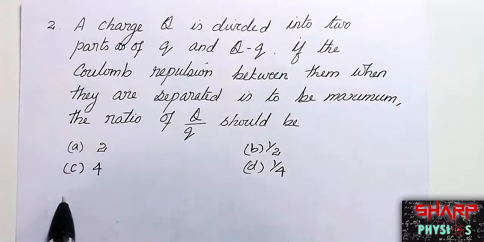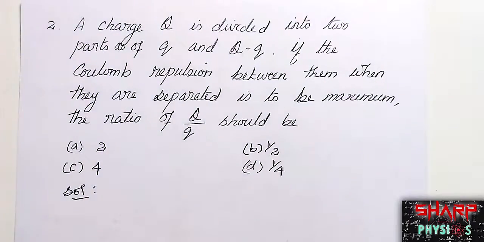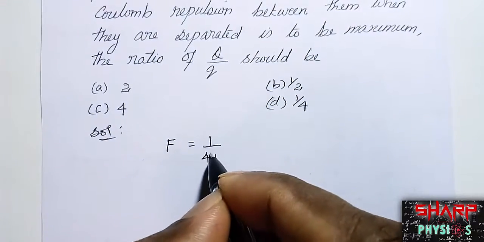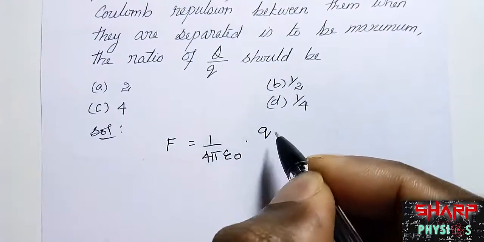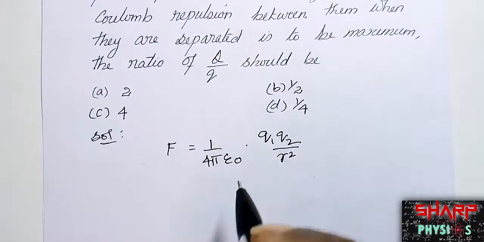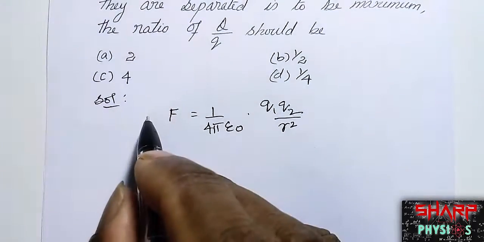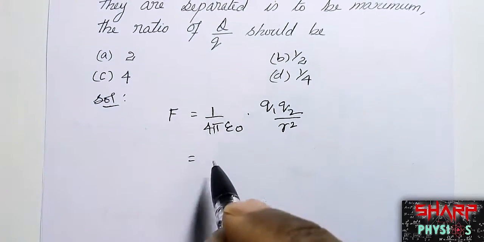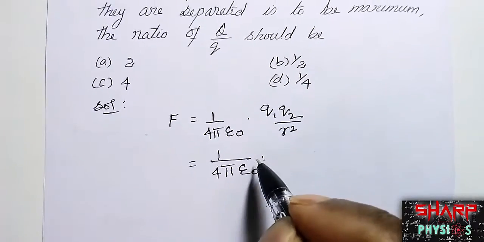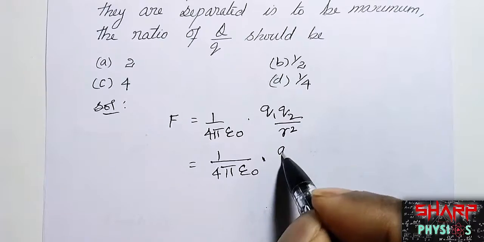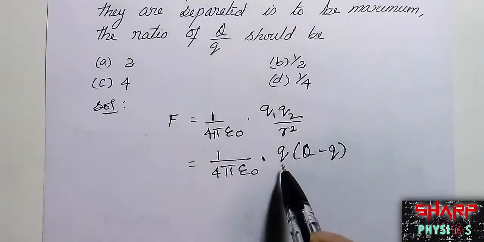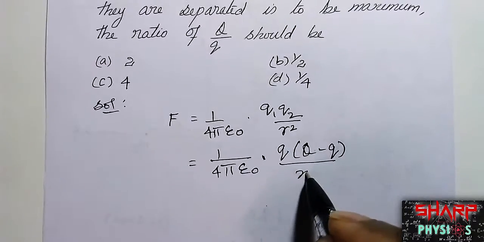The first formula for us is F is equal to 1 by 4 pi epsilon 0 into Q1 Q2 divided by R square. This is the first formula which you know. From this you substitute the value: 1 by 4 pi epsilon 0 into q into capital Q minus small q, which is given already, into x square.